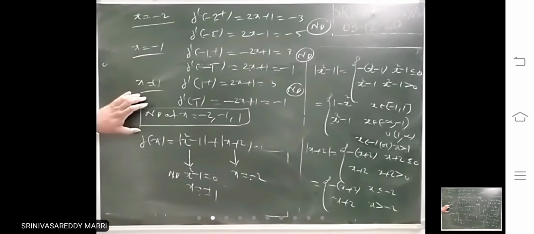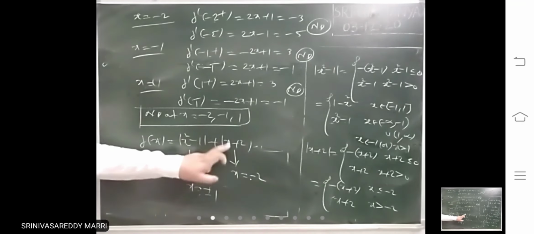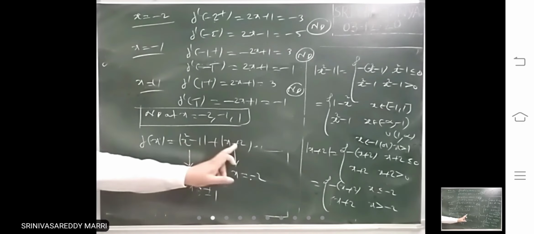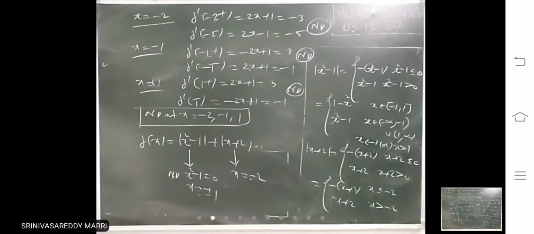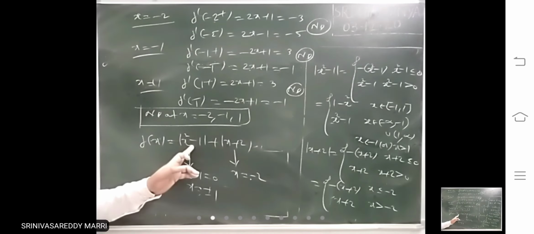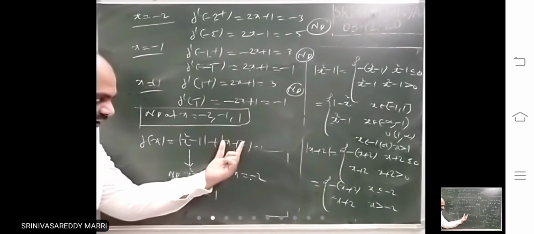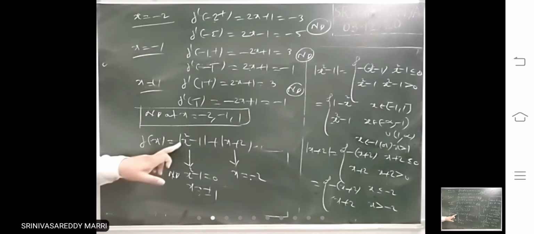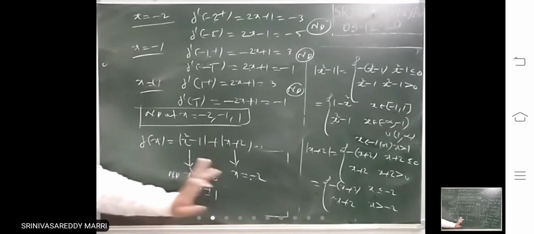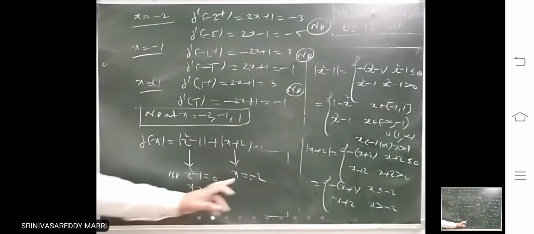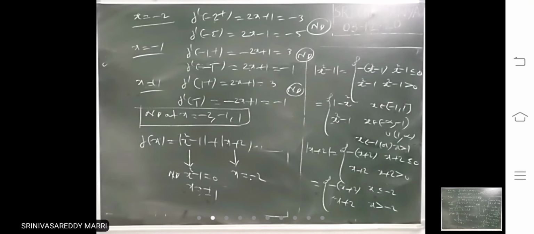If you want to write the definition, you have to write in this way. In the next chapters, writing this definition is important. That means opening the modulus, in which interval which function is there, you have to write. For differentiability just do like this in the exam. This equal 0, what is this? Plus or minus 1. This equal 0, what is this? It is not differentiable at this point. So therefore, what is the answer? That only, you got minus 2, minus 1, 1.